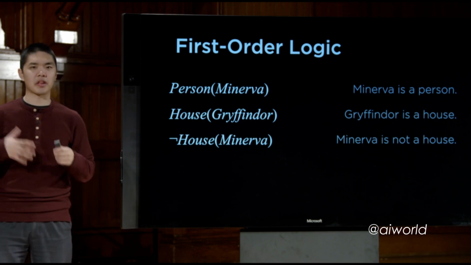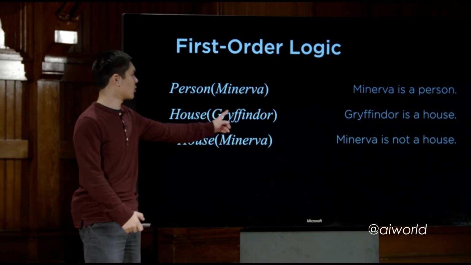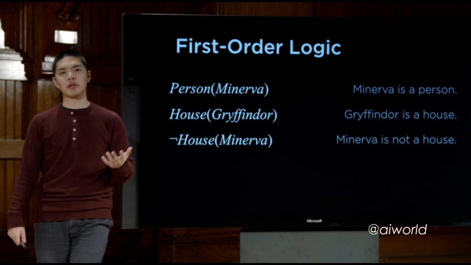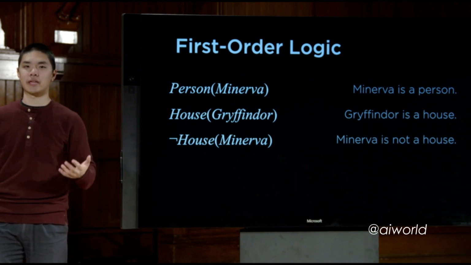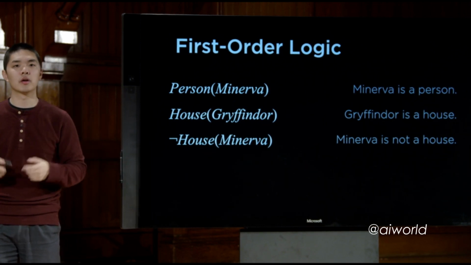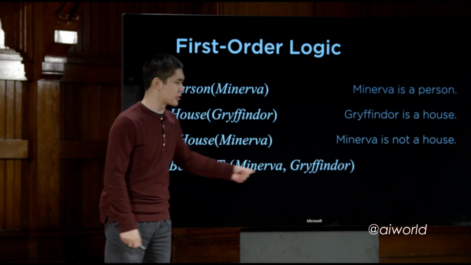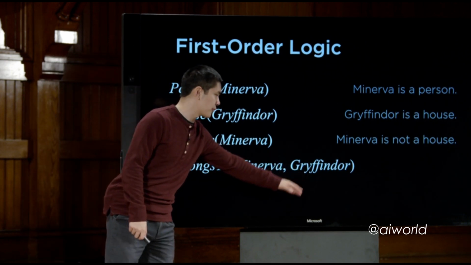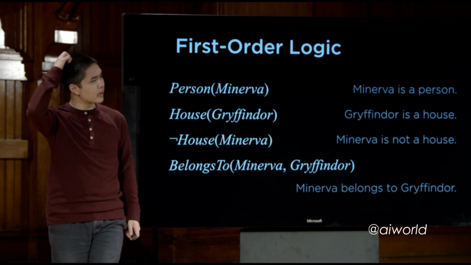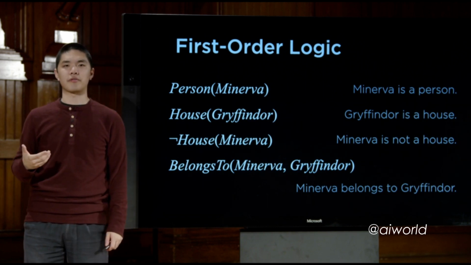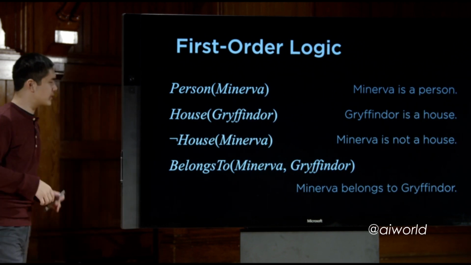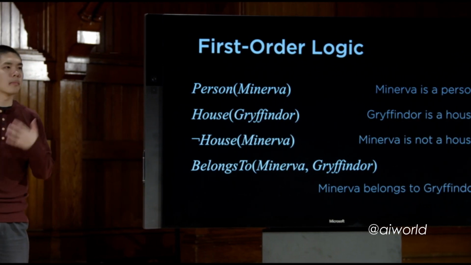Meanwhile, in addition to some of these predicate symbols that just take a single argument, some of our predicate symbols are going to express binary relations, relations between two of its arguments. So I could say something like belongs to, and then two inputs, Minerva and Gryffindor, to express the idea that Minerva belongs to Gryffindor.